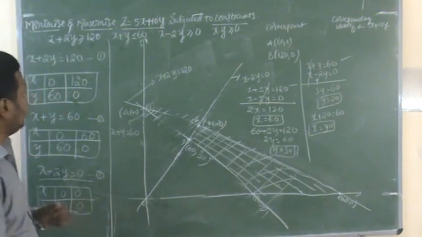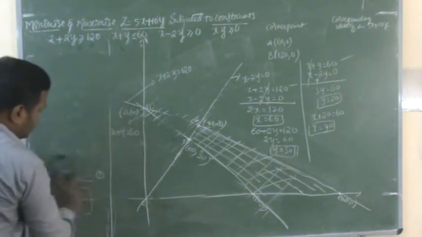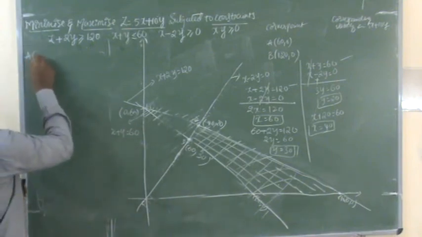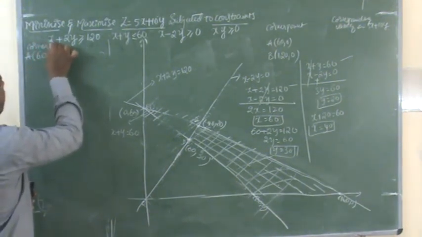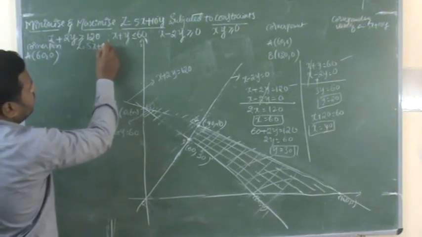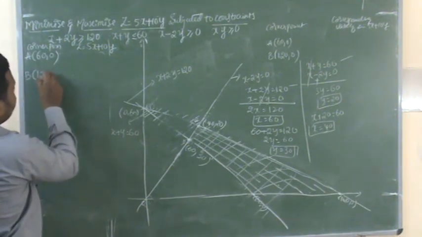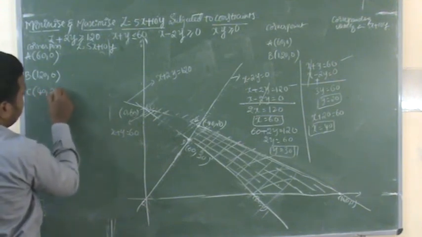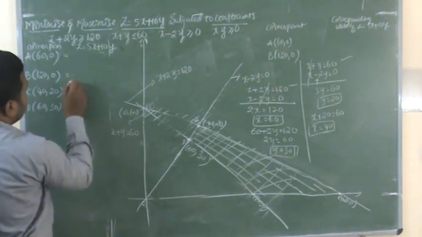Finally, we substitute in the objective function. Therefore A of 60, 0 is a corner point, and corresponding z is equal to 5x plus 10y. Point B is 120, 0, point C is 40, 20, and point D is 60, 30.